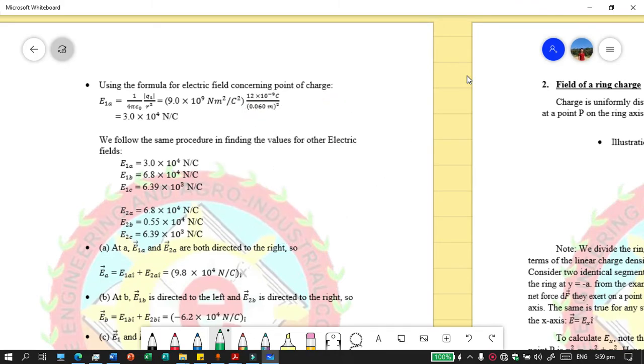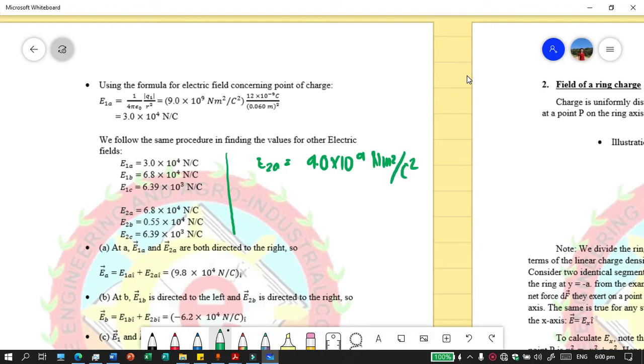Ayan. For E2A, E2B, E2C, same procedure pa rin. Pero ngayon magbabago na yung charge natin. So kung isusulat ko yung solution dyan, magiging ganito. Just follow me. E2A is equal to 9.0 times 10 to the power of 9 Newton meter squared per coulomb squared.